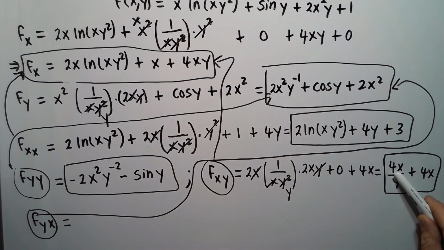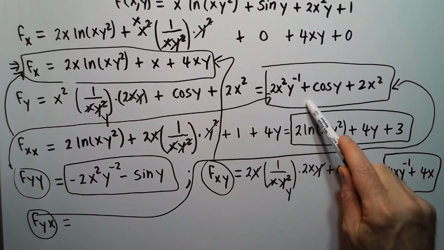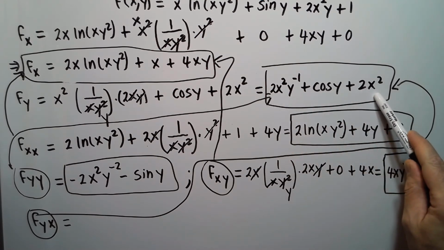Actually, I'm going to write this as 4x to minus 1 here. So let's do that. Okay, so it changes to y to minus 1. Okay, so now looking at my fy up here, we're taking derivative with respect to x now.